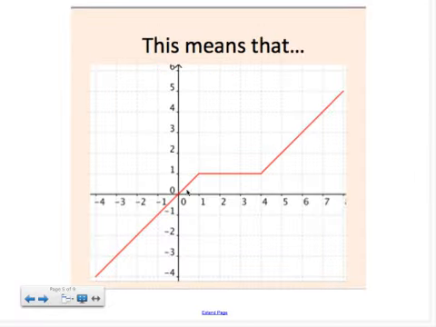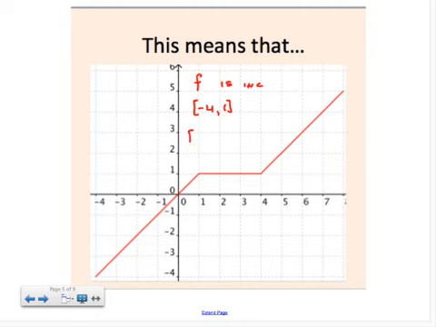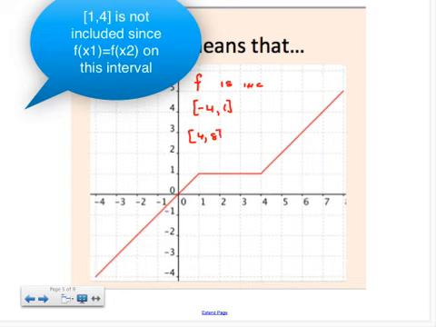What that also means is that this function may throw you for a loop, may not, but this is always a healthy debate every year. If this function is called f, then we would say f is increasing from -4 to 1 and from 4 to 8.